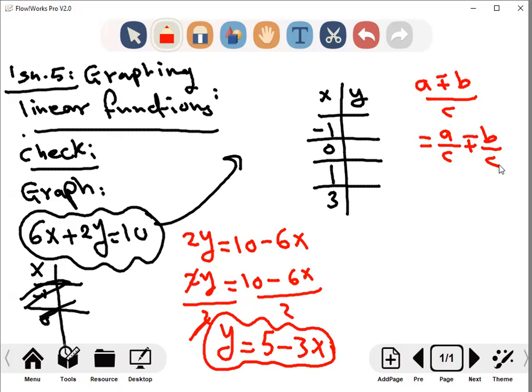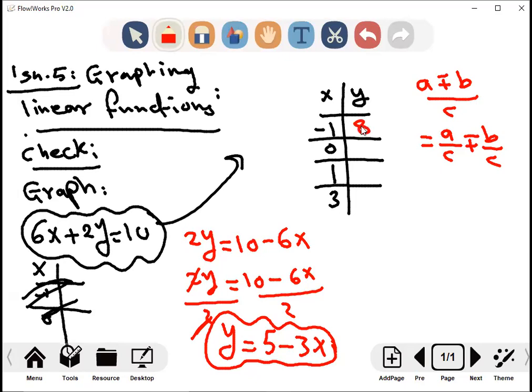Now it's easy to find the values of y if you know the value of x, right? So here the value of x, how much? -1, right? Replace x here by -1. Now -3 multiplied by -1 is +3, and we have 5, so here it will be 8. So fill the table with me.